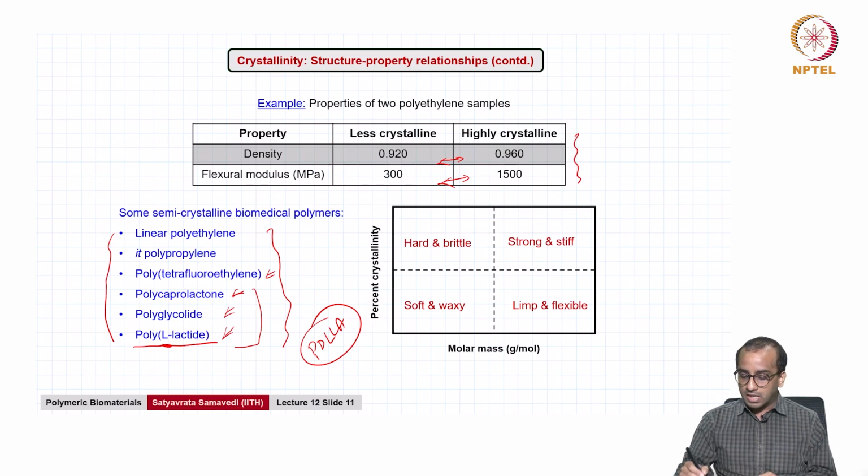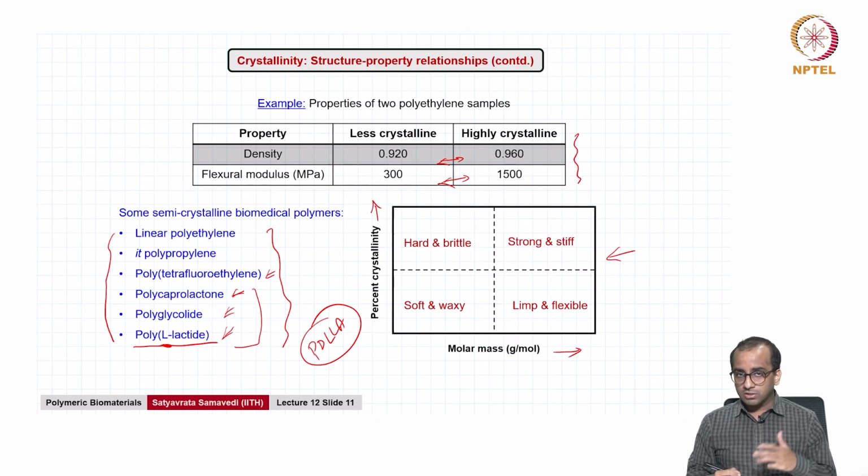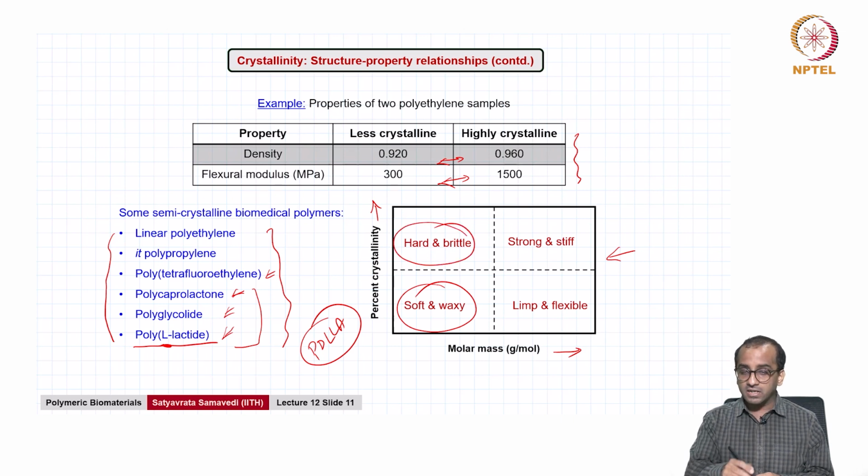And this diagram here shows 4 quadrants where we are plotting molar mass and percent crystallinity, just to show the effect of the chain length and how that can affect crystallinity. At very low molar mass and very low percent crystallinity, you will have soft and waxy kind of materials, and at low molar mass but very high crystallinity, you will have hard and brittle materials.